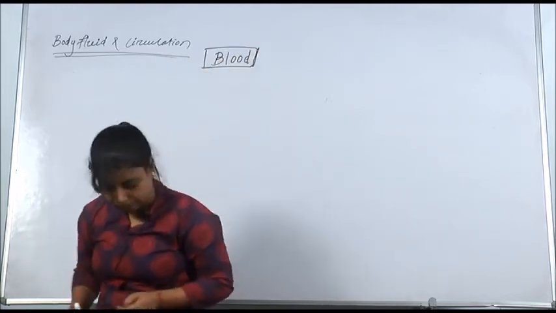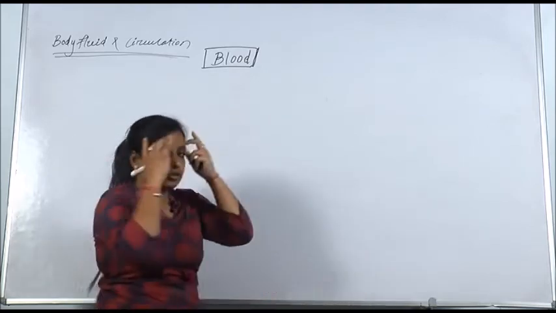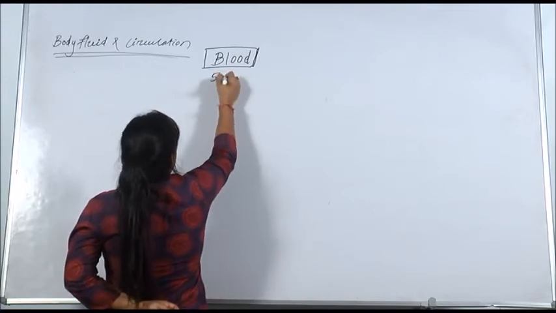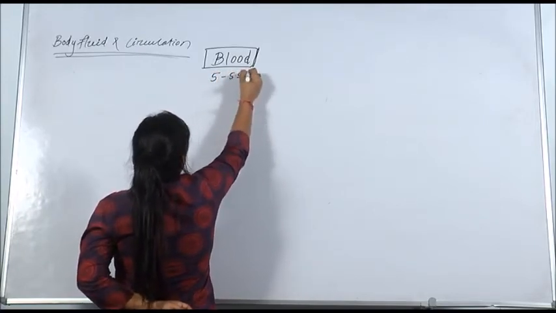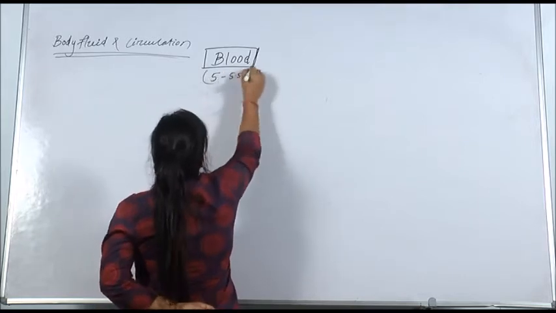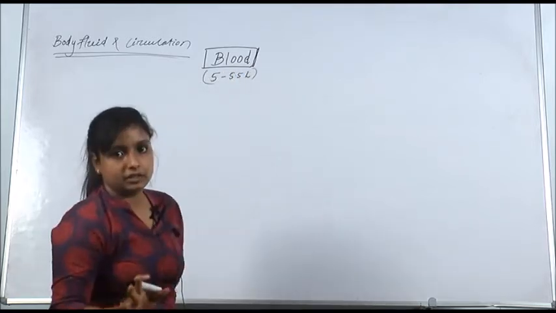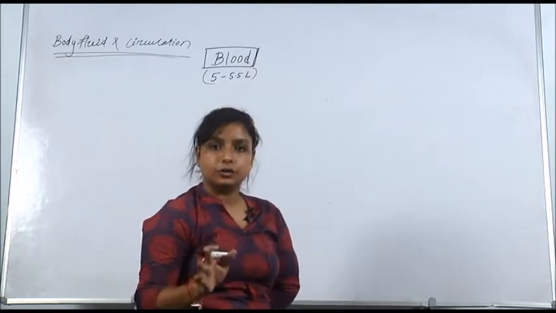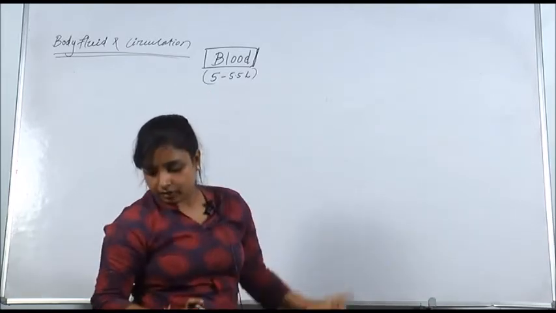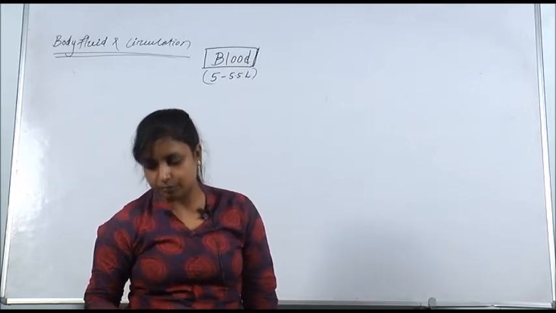The blood volume is around 5 to 5.5 liters in a healthy human being.